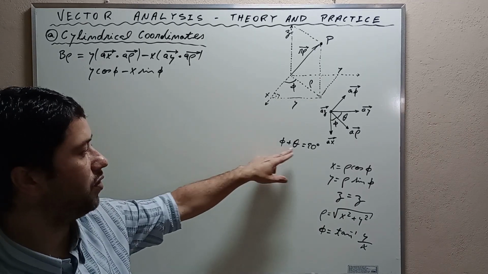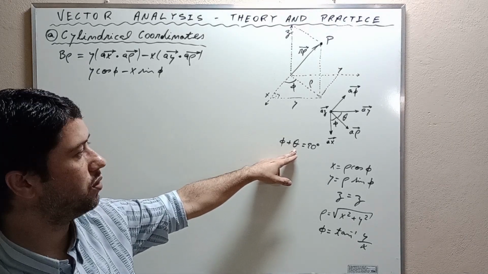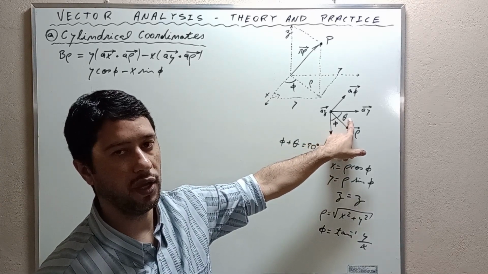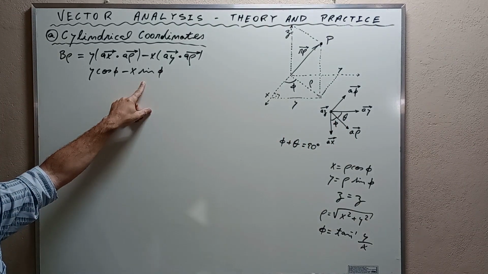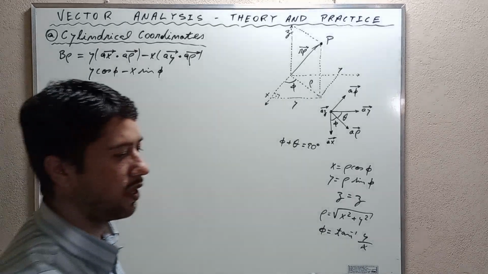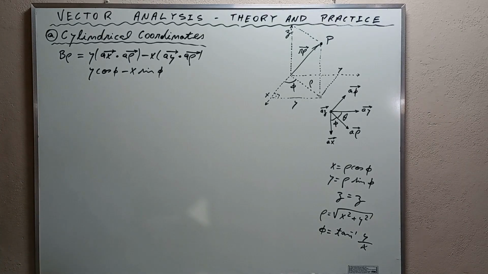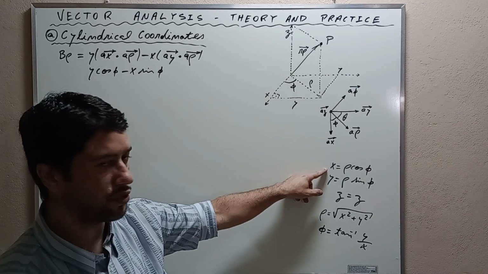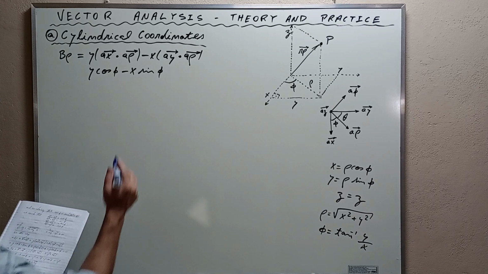The cosine of this is equal to the sine of this, and vice versa. What we want is the cosine of theta, but the cosine of theta is equal to the sine of phi. That's why we use here sine of phi. Alright? Have you guys understood? And using this, that x is rho cosine phi and y is rho sine phi, we can express this in this way.